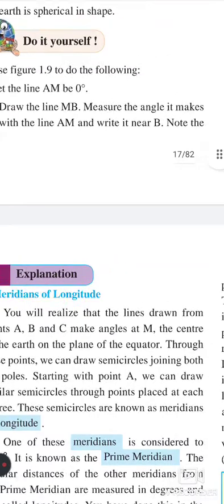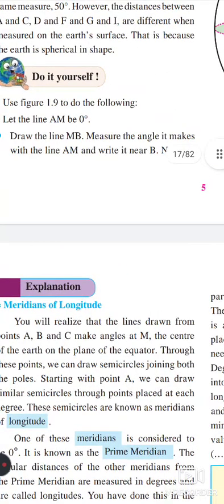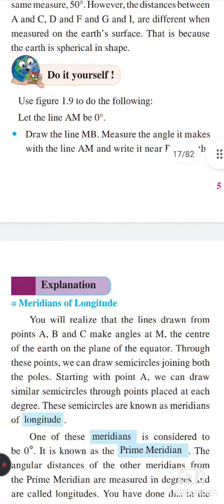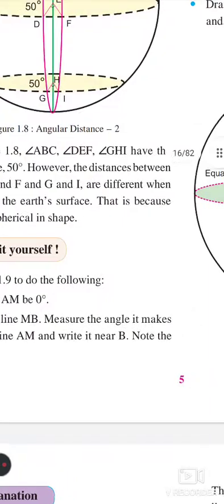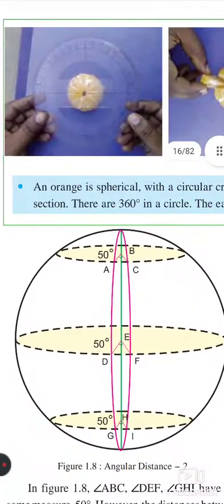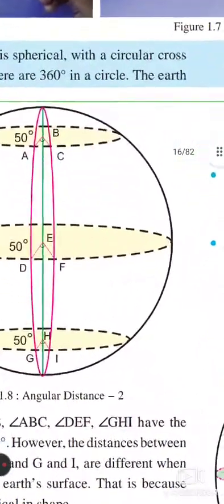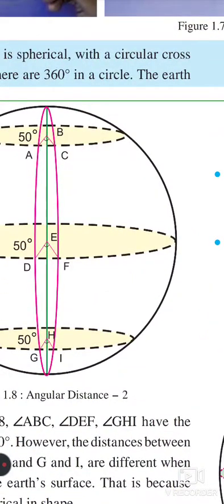Meridian of a longitude. You will realize that the lines drawn from the points A, B, C make angles at the center M with the help of the equatorial plane. In this figure, the angles are made at D, E, F, A, B, C and G, H, I.